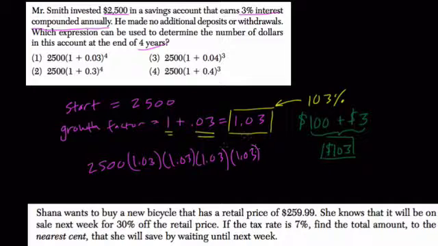And obviously this would be really annoying if you did it 100 times. But the quick way is just to go 2,500 times 1.03 to the power of years, where the power will equal the number of years or periods at which your interest is compounding. So if it's compounding every year and 4 years are passing, it's compounding 4 times, or to the 4th power.